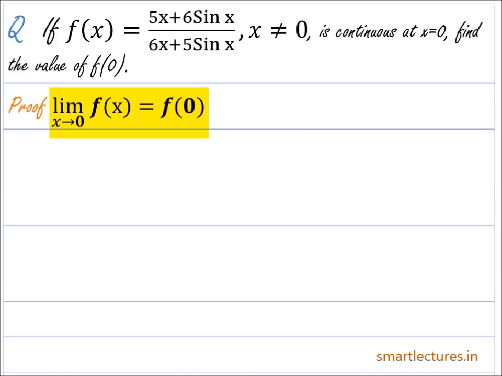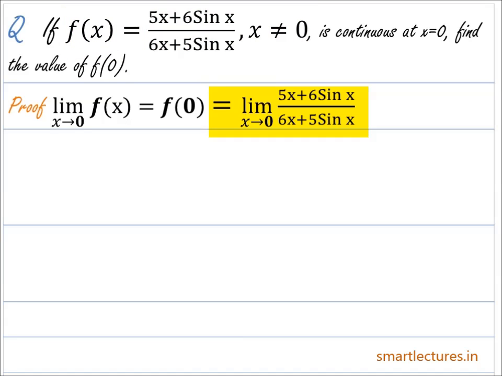Now as per the definition of the given function, if x is not equal to 0, then f of x is equal to (5x plus 6 sin x) upon (6x plus 5 sin x). So this equation can also be written as f of 0 is equal to limit x approaches 0, (5x plus 6 sin x) upon (6x plus 5 sin x).